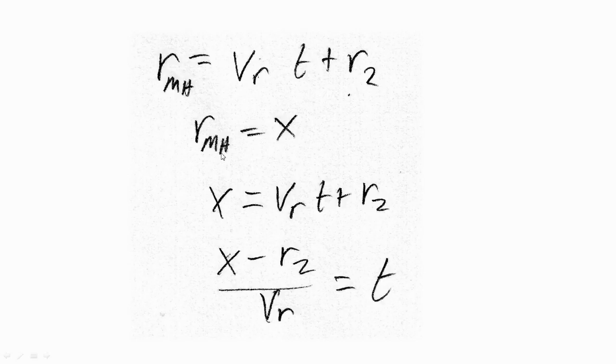The meteor hammer and the flail intersect when r equals x, where x was the distance between the flail and the meteor hammer at t equals 0. So if we plug in x and solve for t, we get that (x minus r2) over vr is the time it takes for the meteor hammer and flail to hit each other. And if we check our units, we have meters minus meters over meters per second. We get seconds, and that works out.